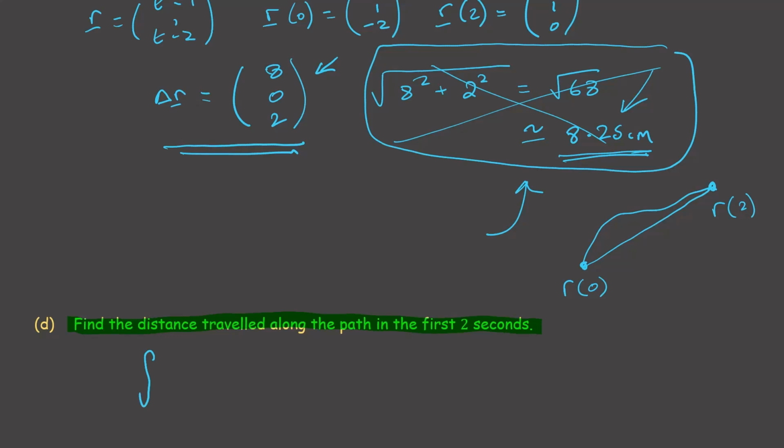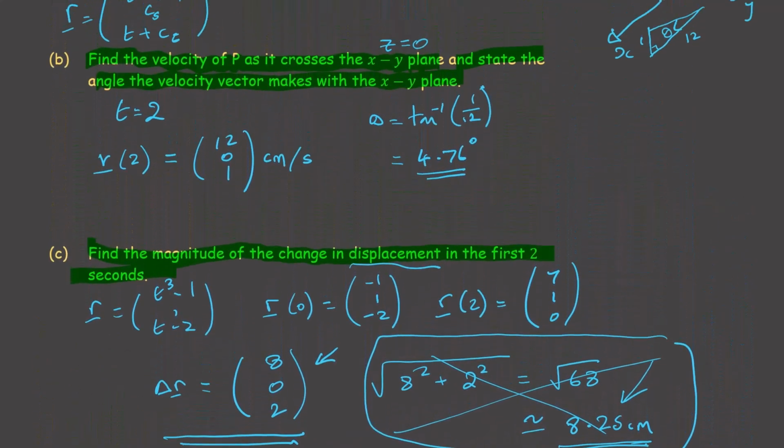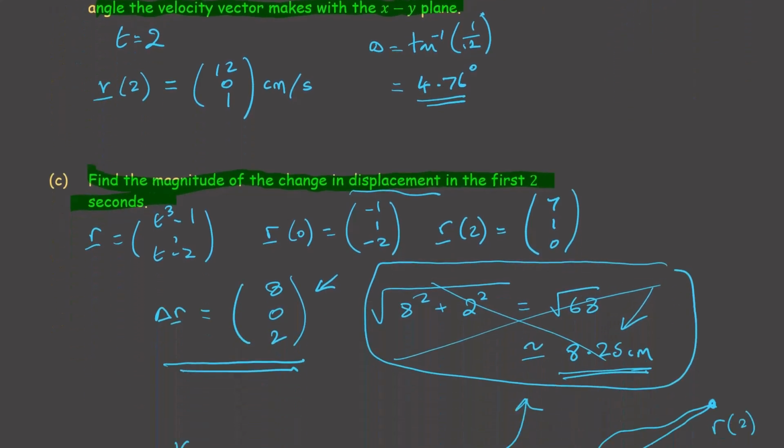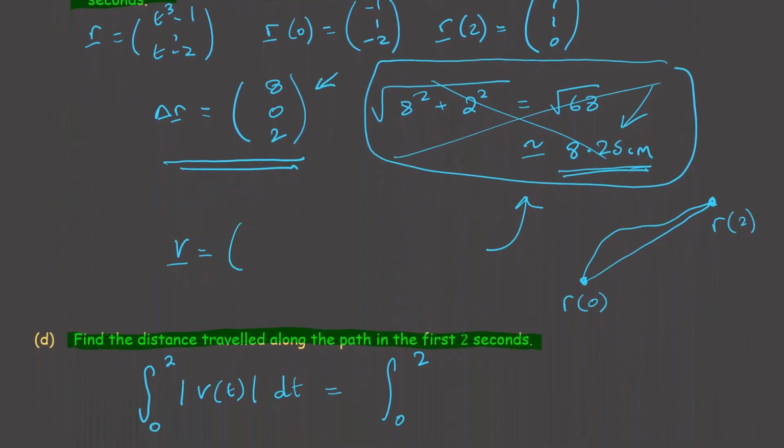So if we want distance, we're going to do the integral from 0 to 2 of the modulus of the velocity dt. So that is going to be the integral from 0 to 2, and our velocity vector was (3t squared, 0, 1).